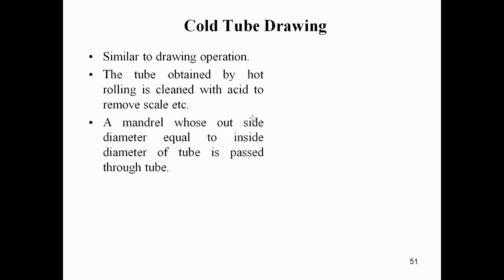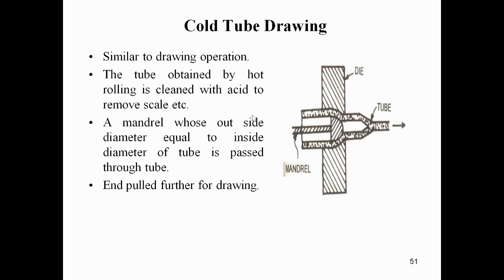A mandrel whose outside diameter is equal to the inside diameter of the tube is passed through the tube and pulled further for drawing. You can see the diagram here, so that we can produce tubes from cold tube drawing.